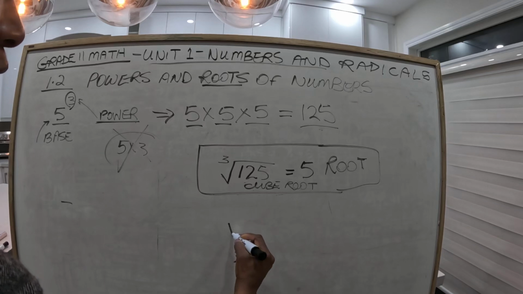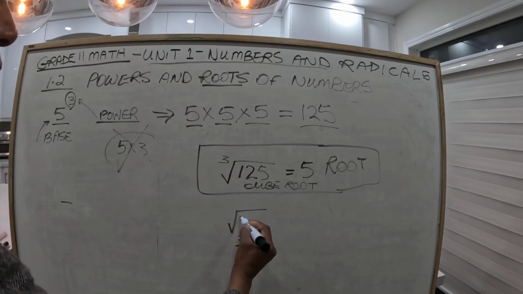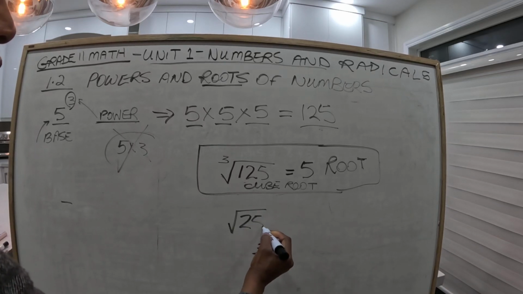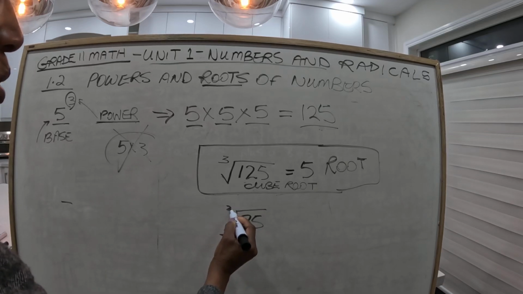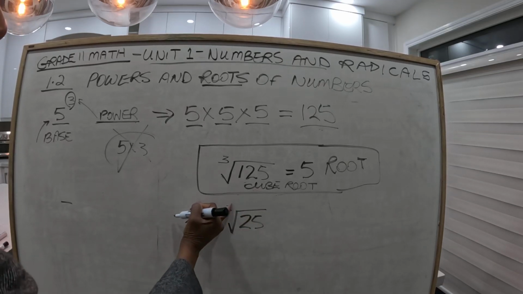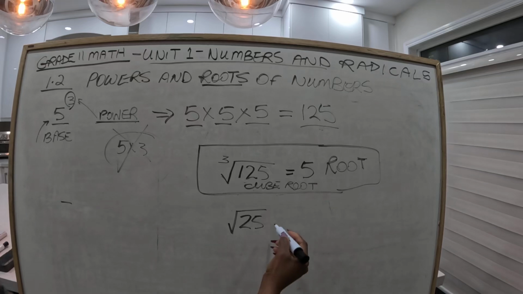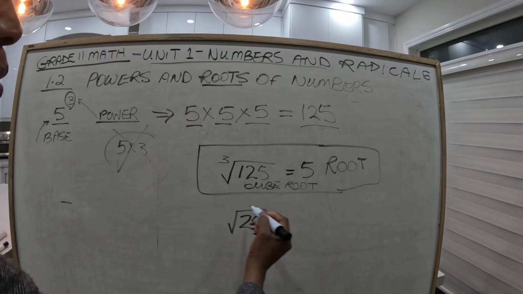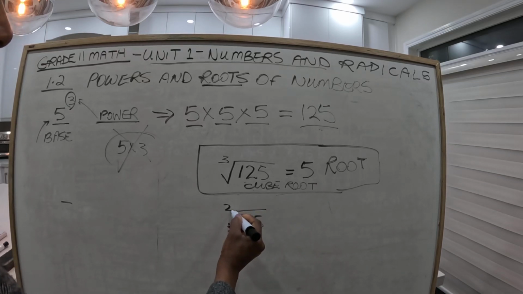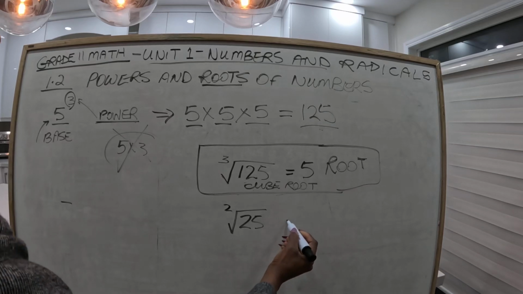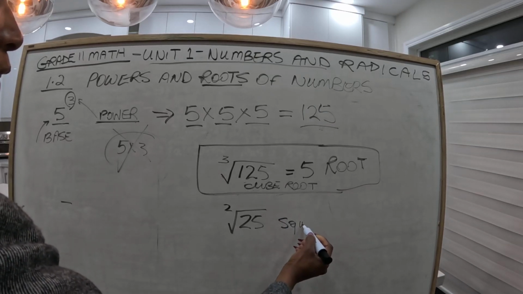And if we had 25 here, there's an imaginary 2 here, and without that we understand it's 2. This is called the square root. So this is normally a square, and we call that the square root.